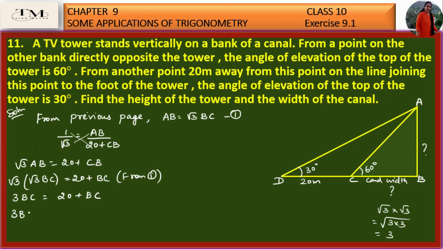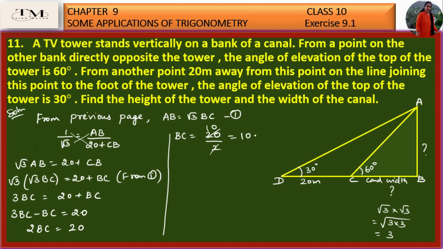Changing the side, 3 BC minus BC is 2 BC, equal to 20. 2 is in product, so when we change the side, it will come to division. 10 twos are 20, so BC is equal to 10 meter. BC is nothing but the canal width.